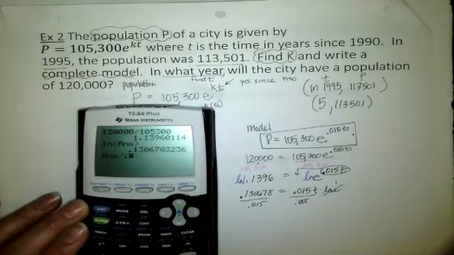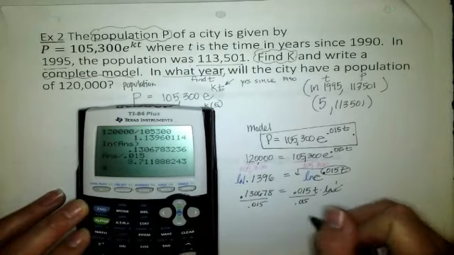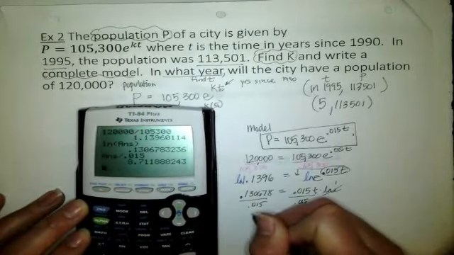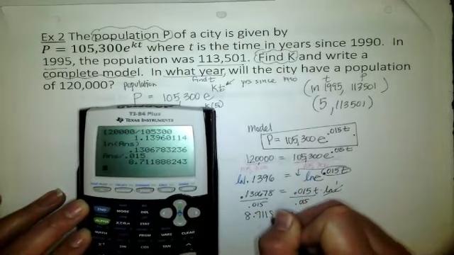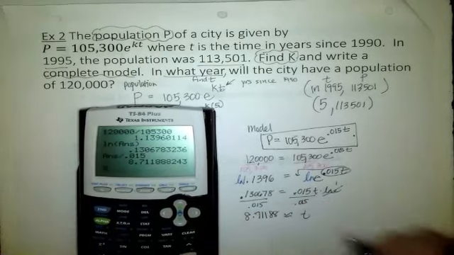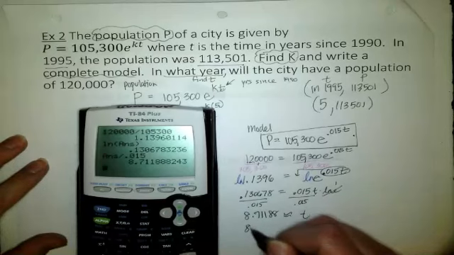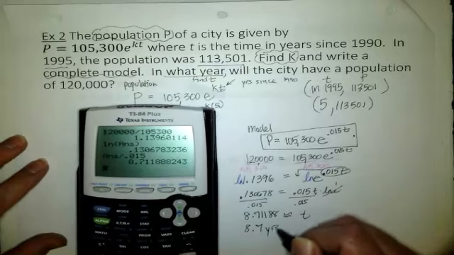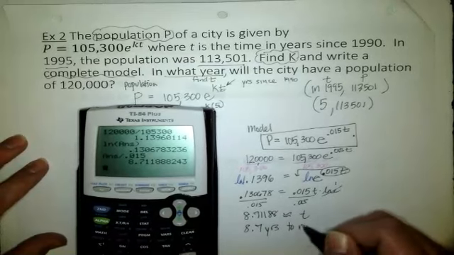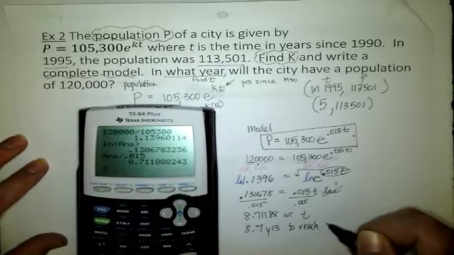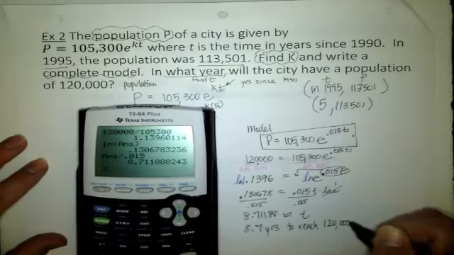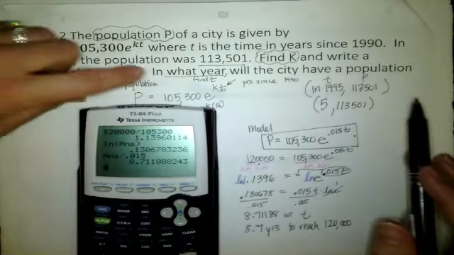So divide by 0.015, and I get time is about 8.71188 years. I probably just rounded to about 8.7 years to reach 120,000. But they want to know in what year is that?